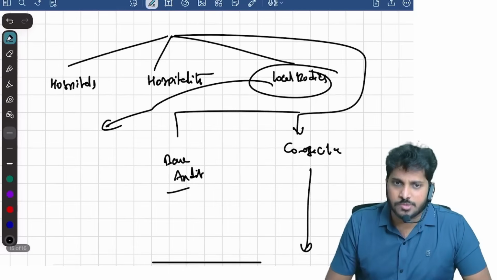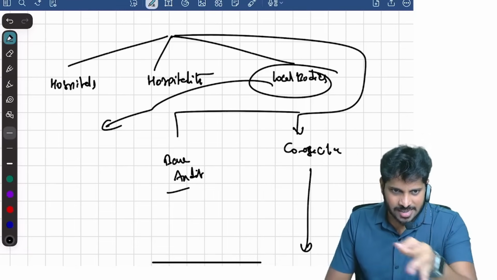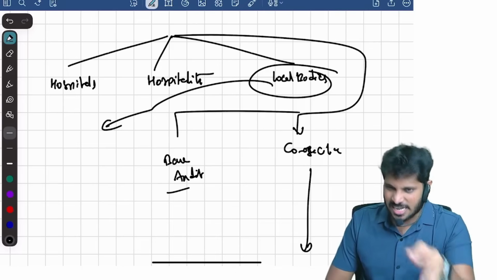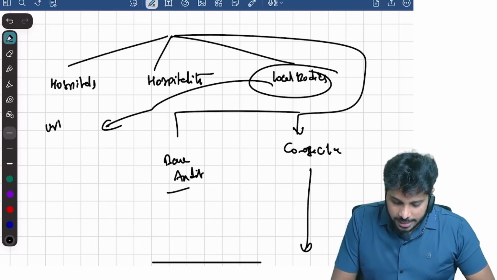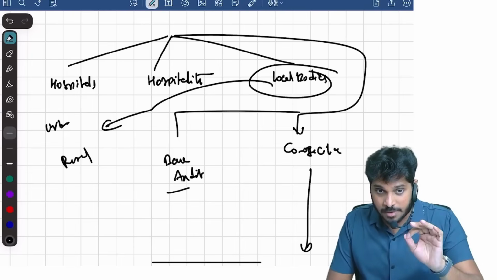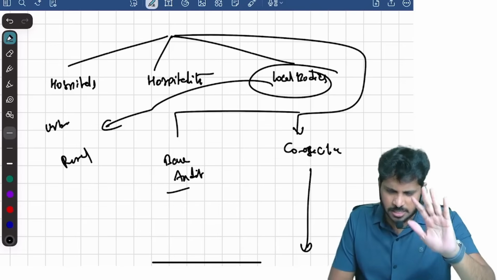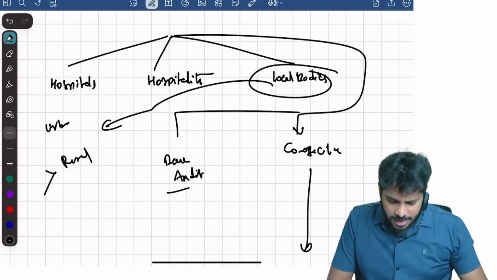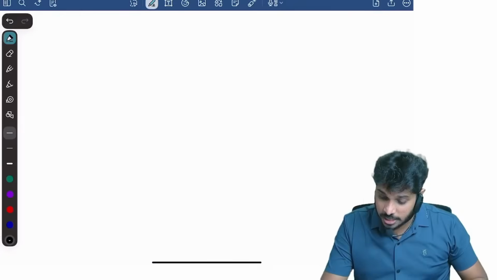Local body means any government authority below the state government. Local authorities exist at urban level and rural level. At urban level we have municipality and municipal corporation. At rural level, panchayats and similar committees. MCQs can come, be careful.